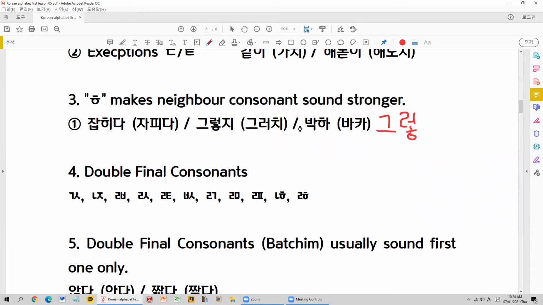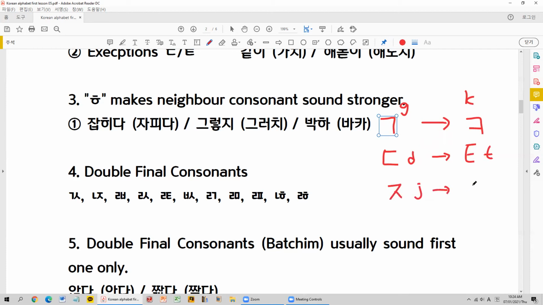Okay. So in the Korean language, this is a G sound. The stronger sound is a K sound. This is a D sound, but it changes to a T sound. And then this is a J sound, but CH is the stronger sound.